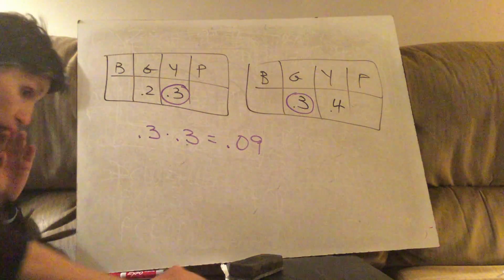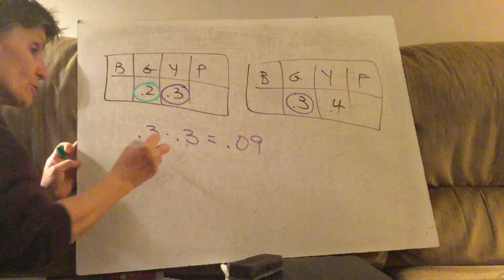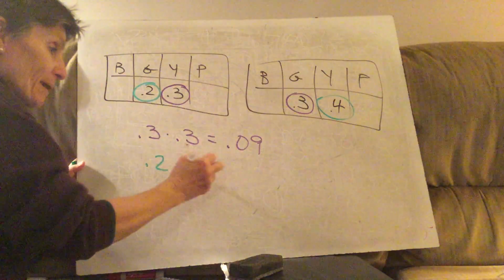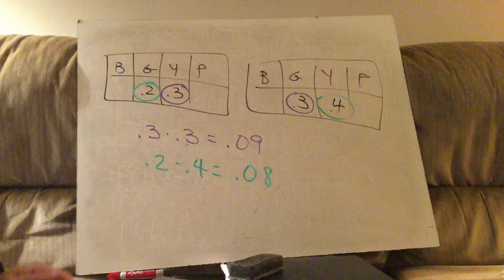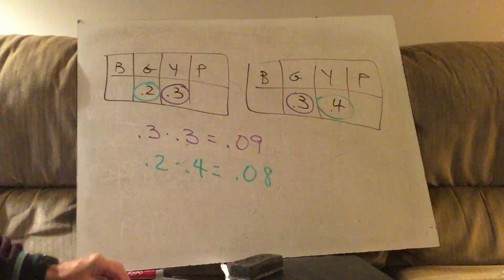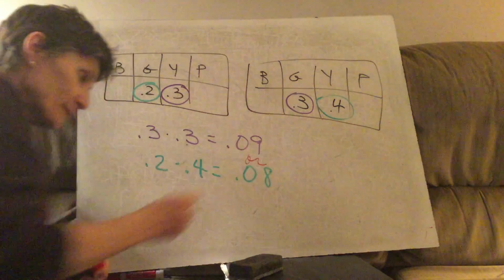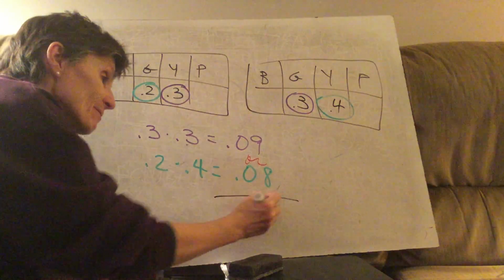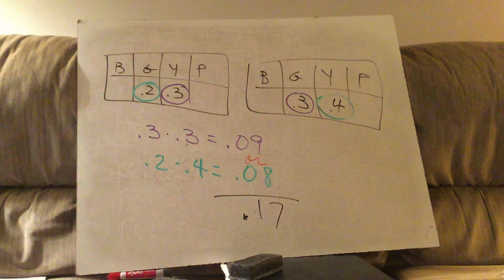Or I could get green from the first bag and yellow from the second bag. I just have to get one of each. I have to get a green one and a yellow one. So I can do it this way, or I can do it this way, which means I'm going to add them up, and the answer to the question is 0.17.